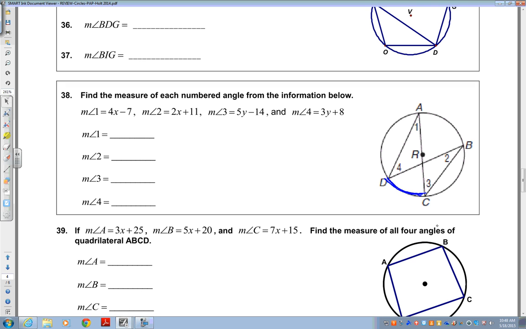Okay, then I look at angle 2. What arc goes with angle 2? Okay, so since they intercept the same arc, they're congruent. So you should start off that angle 1 is equal to angle 2. They intercept the same arc. So then you can solve for x, right? And then plug it in. Angle 3 is also equal to angle 4. They intercept the same arc.